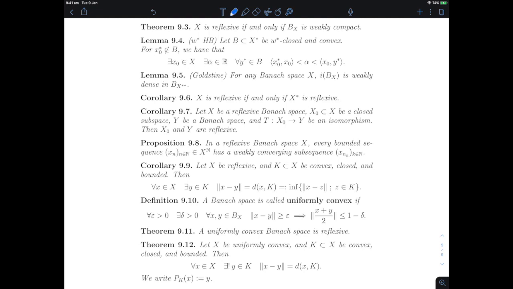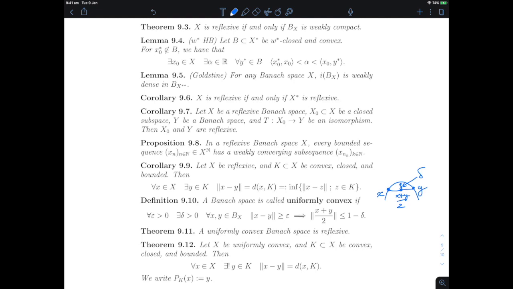Now here's the way you should picture this. Imagine this is your unit sphere and you have a point x here and a point y there, and you look at the midpoint, (x plus y) over 2. It's reasonably within delta, say, away from the unit sphere, the boundary of the unit ball.